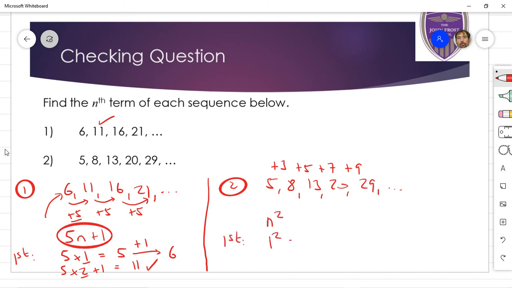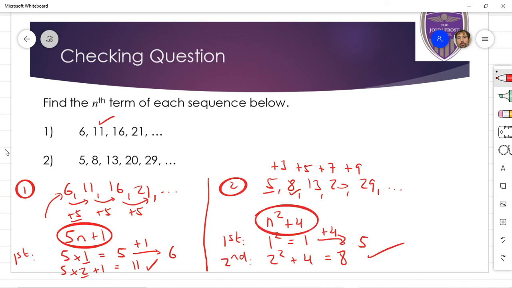If you do 1 squared, you get 1. But I need 5. So how am I getting from 1 to 5? Well, just adding 4. Check though. Look at the second term. If you do 2 squared, add 4, you get 8, which is what you wanted. So for this one, the nth term is n squared, add 4.